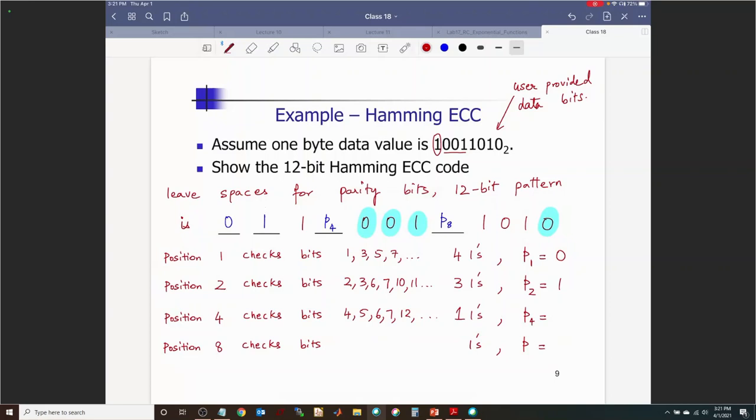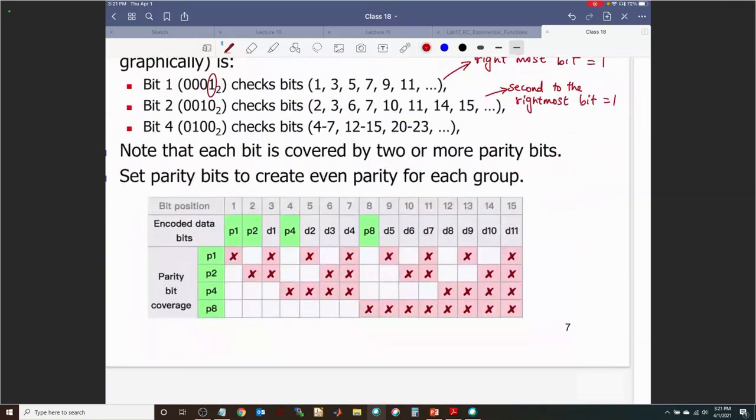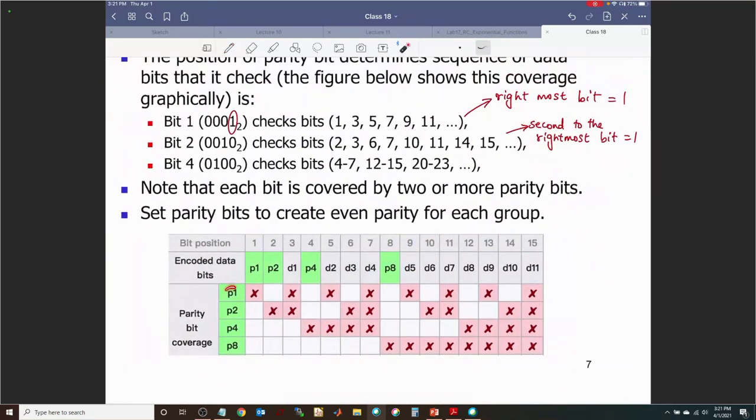Can you restate how to determine which bits are checked for which position? Sure. I think this table will tell you all of it. Parity bit 1 will check for 1, 3, 5, 7, 9, 10, 11, 13, all the odd ones.